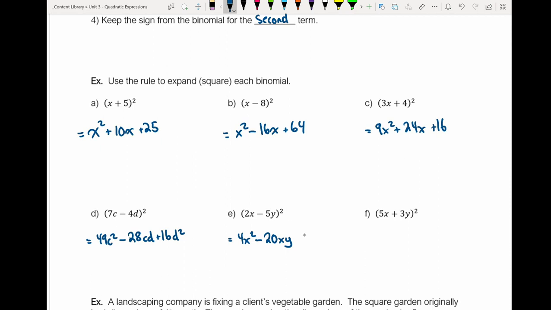And then 5y all squared is 25y squared. Then lastly, 5x squared is 25x squared. 5x times 3y is 15xy. Doubled is 30xy. Sign is positive because that's what it is from the bracket or the binomial, and then 3y all squared is 9y squared.